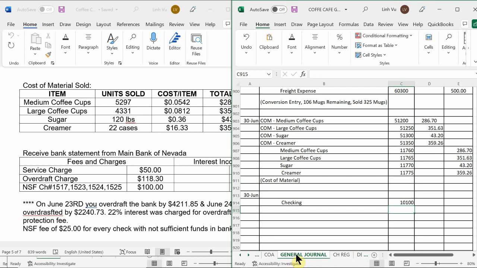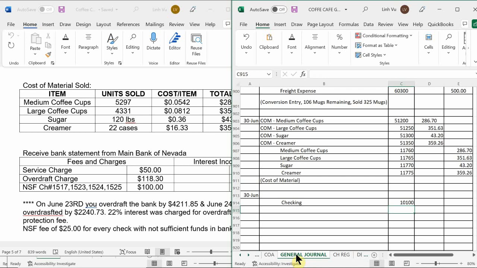You had to pay for some service charges, you had some overdraft protection charges, and you also got NSF charges. What would this be?